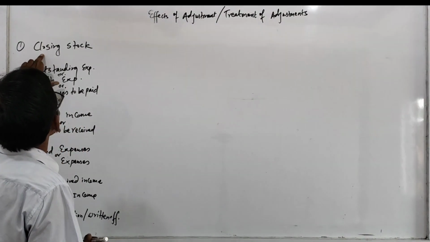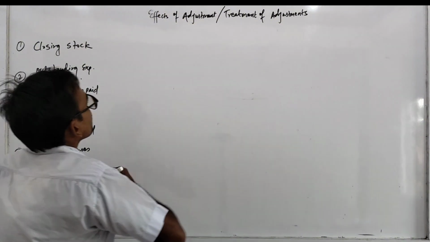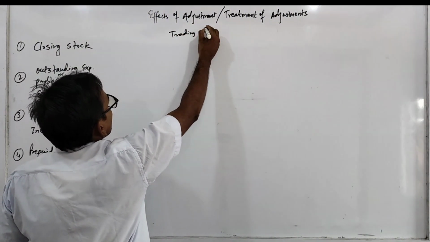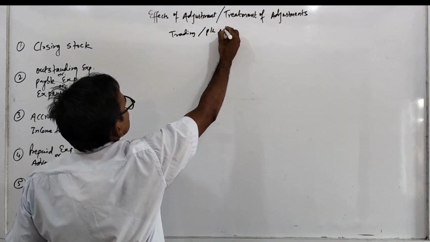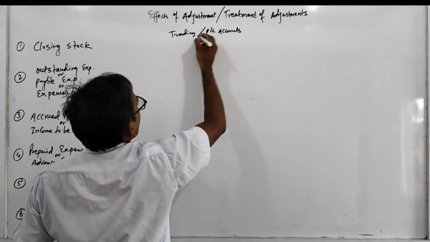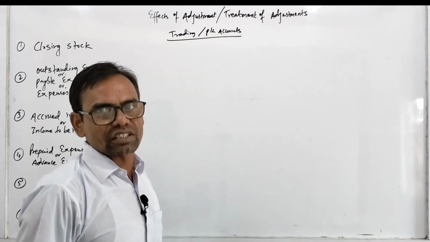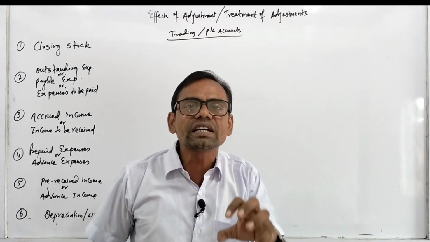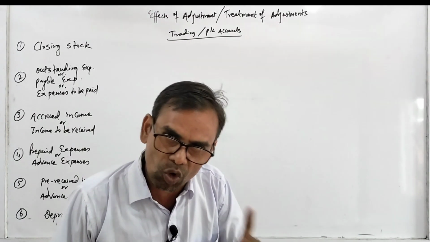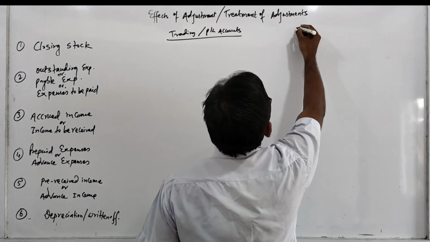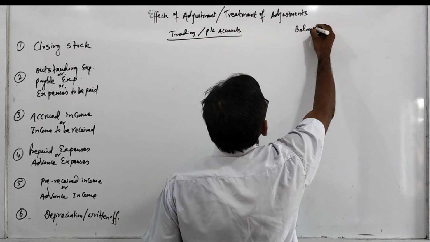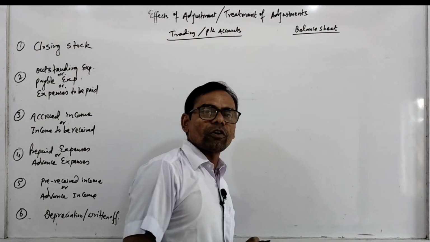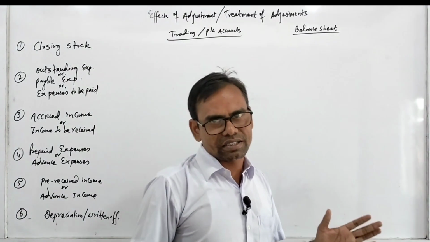But if it is given in adjustments, remember that trading and P&L account have the same nature, because both include incomes and expenditures, and the other is the balance sheet, for liabilities and assets.